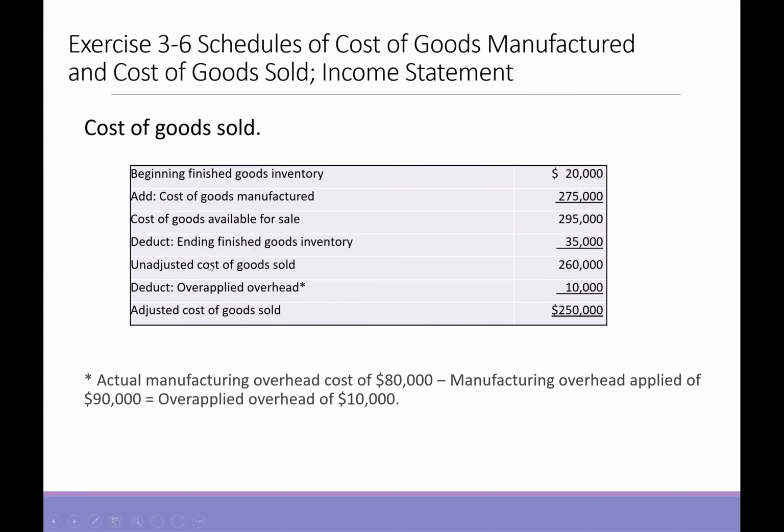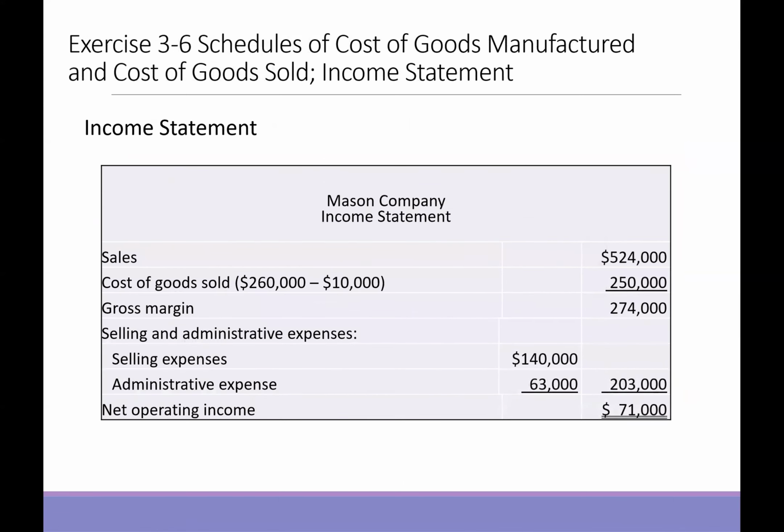It's here where we're going to adjust our over applied or our under applied overhead. Okay. Our income statement: sales, which was given to us, less our cost of goods sold gives us our margin.